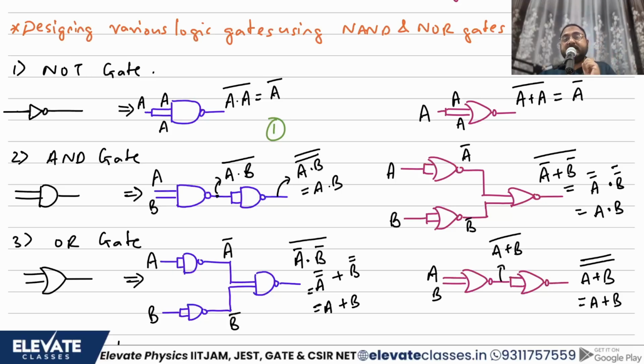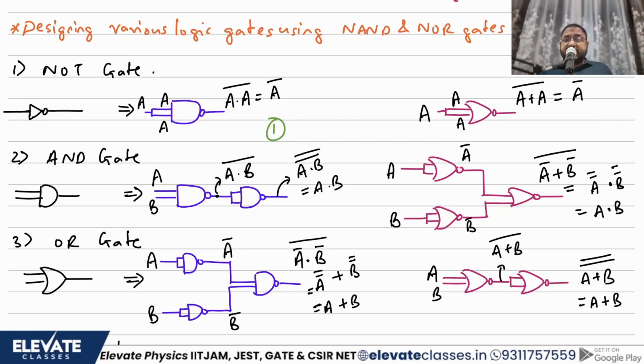Listen carefully, I'm repeating the question. How many two input NOR gates or NAND gates are required to design a particular logic gate? You'll find this question many times in GATE, TIFR, JEST or JAM exams. So that is why I'm writing this in such a way that you'll be able to see and remember this.